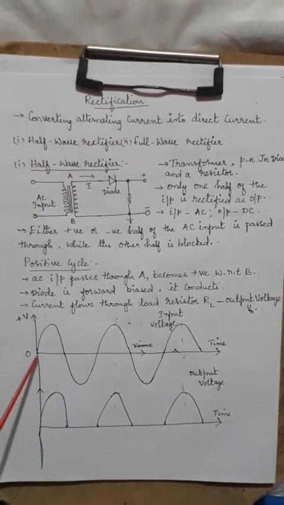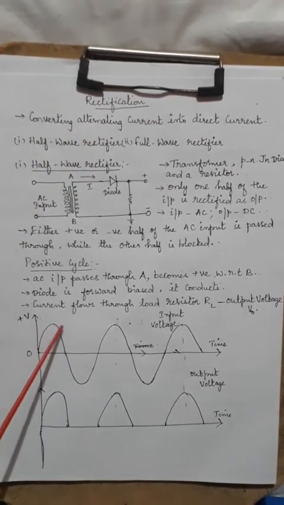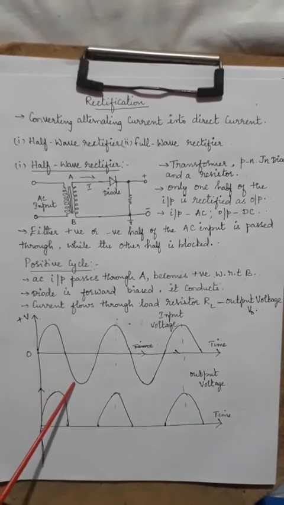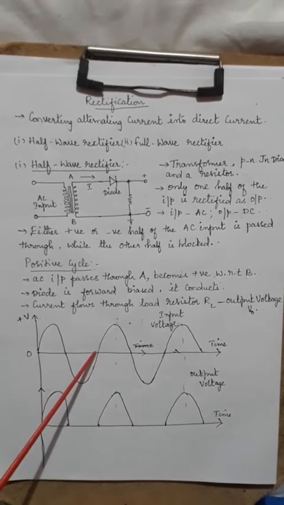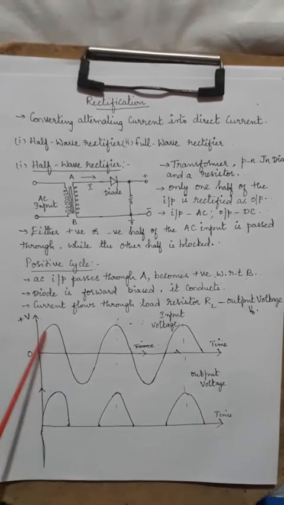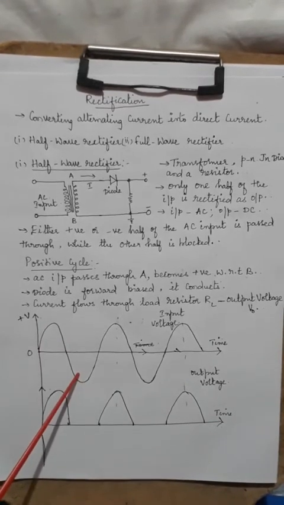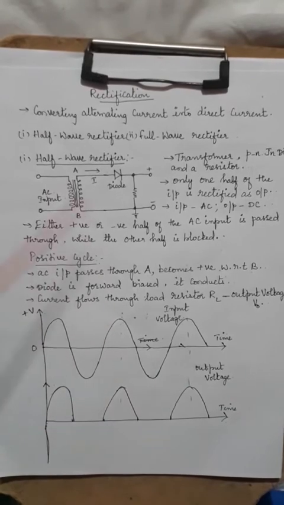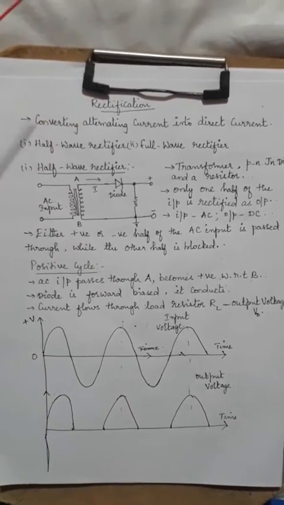Alternating current is one where the voltage increases and decreases, reaches zero, and then a negative cycle also occurs and reaches zero. This kind of current is called alternating current, and it is converted into direct current. That is what rectification is.